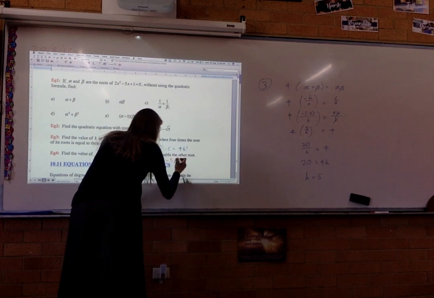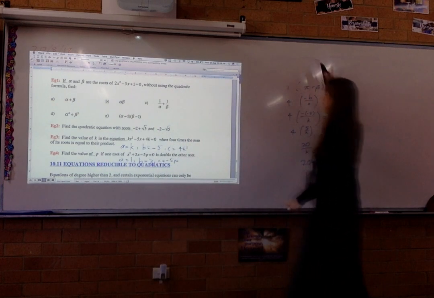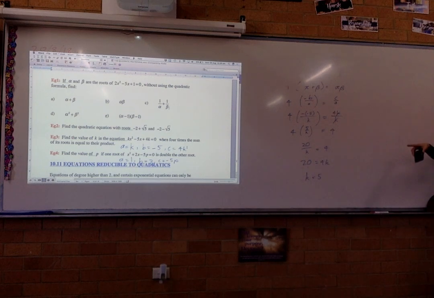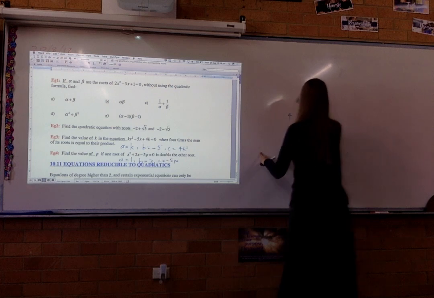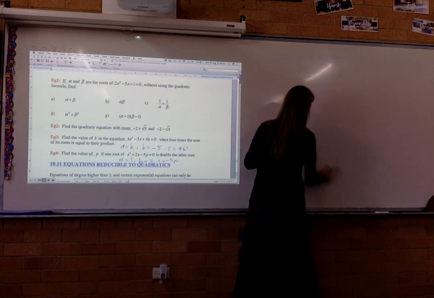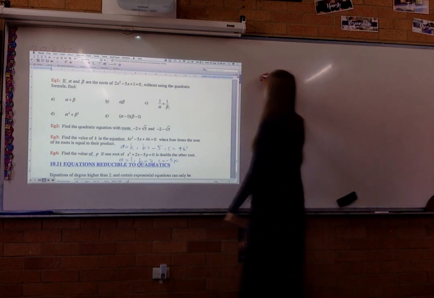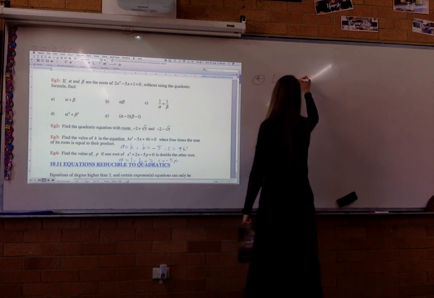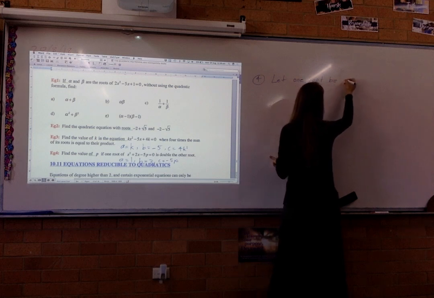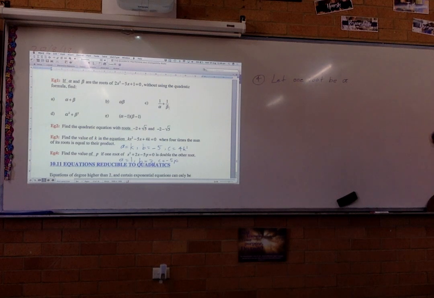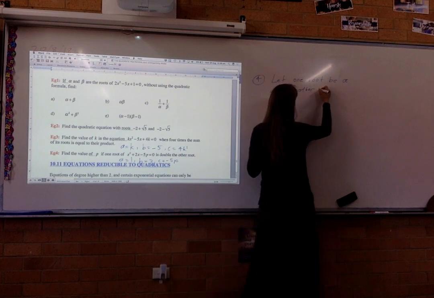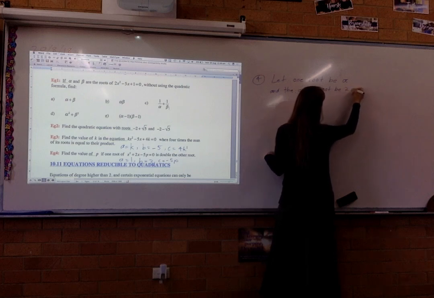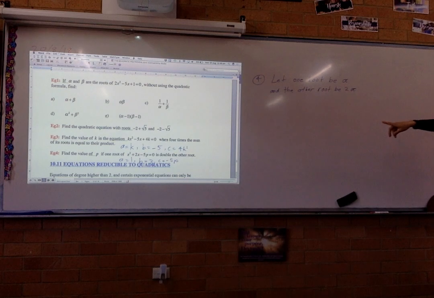C equals minus 5p. What did the question say? One root is double the other root. Okay with that?